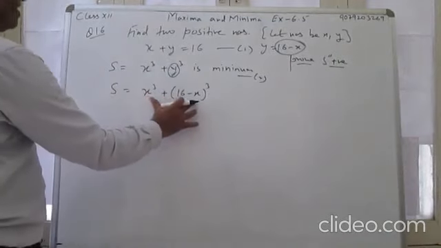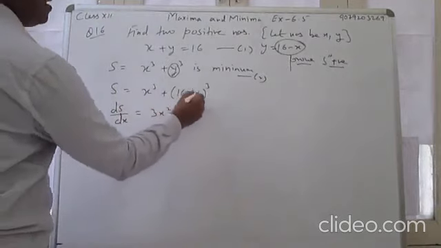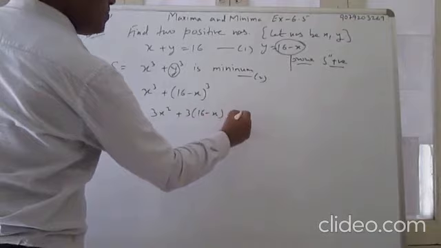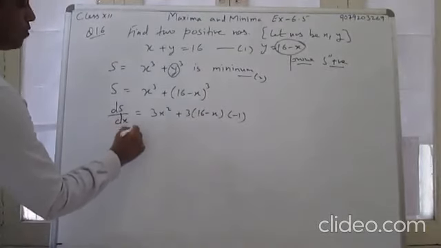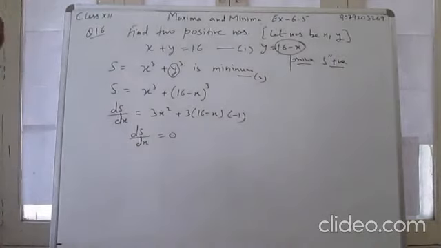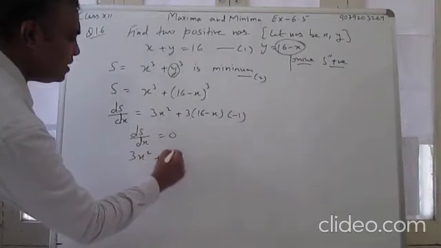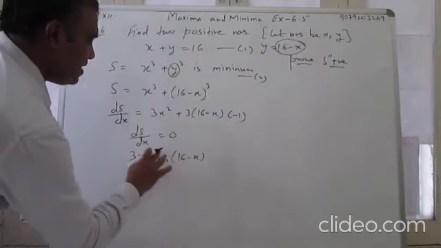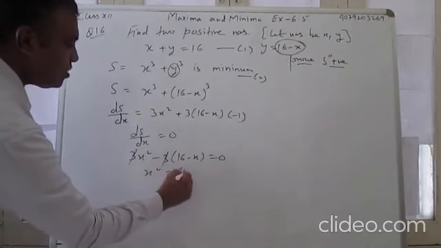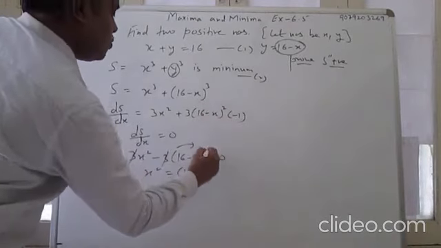Now it is in one variable, so we find dS by dx: 3x square plus 3 times 16 minus x whole square, with the derivative of 16 minus x being minus 1. We set dS by dx equal to 0 to find the critical points. 3x square minus 3 into 16 minus x whole square is equal to 0, 3 cancels out, so x square is equal to 16 minus x whole square.